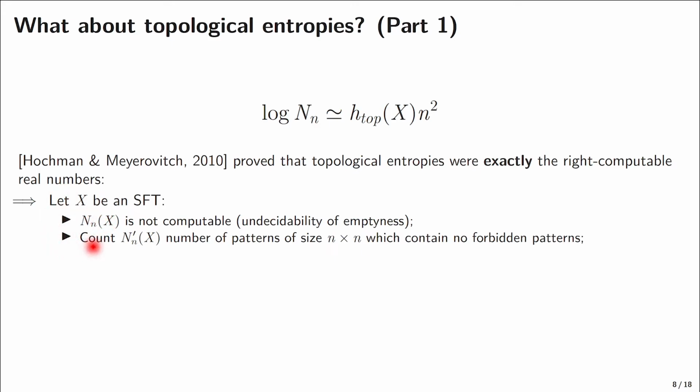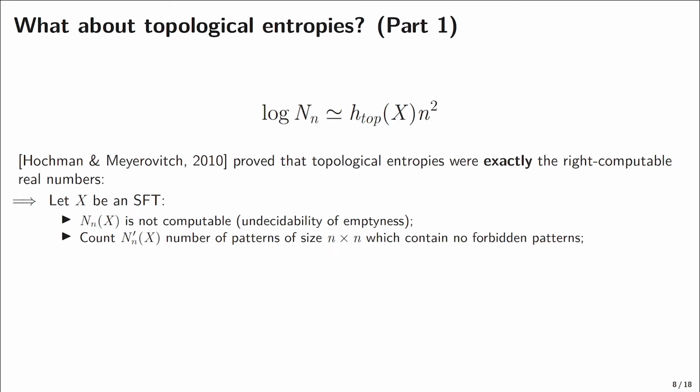However, you can decide to count the number of patterns of size n times n which contain no forbidden patterns. The difference between these 2 points lies in the locality. The first point counts valid patterns in whole colorings of the plane, while the second one only looks at finite patterns. Not all locally admissible patterns, so patterns which do not contain forbidden patterns, are globally valid.